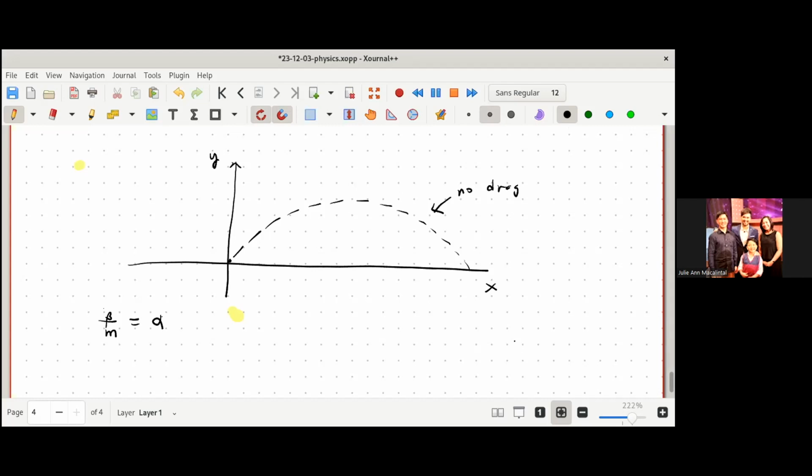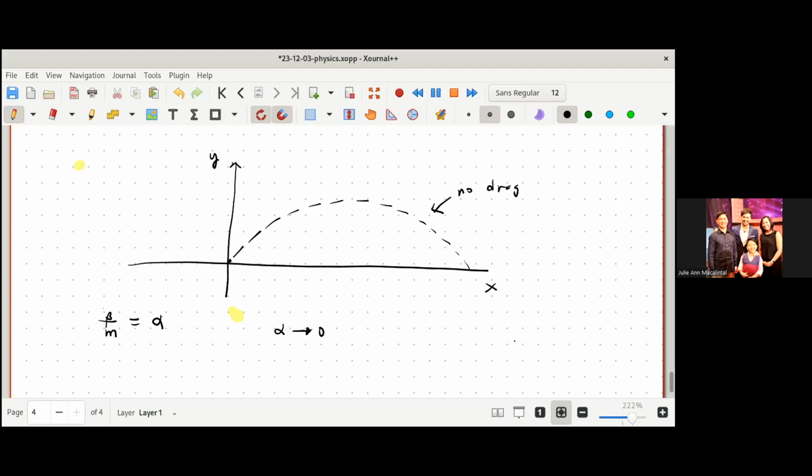Tingnan mo ano nangyayari as you change the value of alpha. So, yung case na alpha goes to zero, you should get yung limiting case kasi, di ba? When the drag is zero, you should get yung ordinary projectile motion. So, using the general solutions, check, do we actually get the usual projectile motion kapag alpha goes to zero?